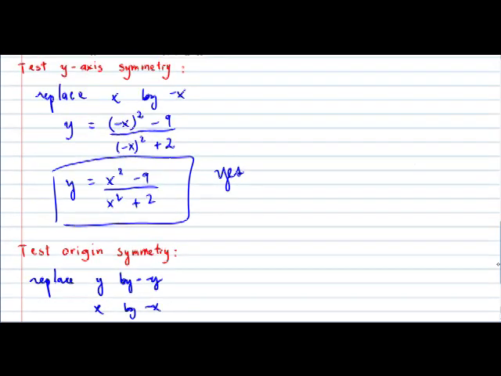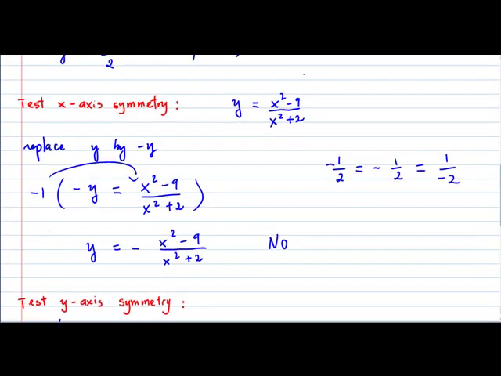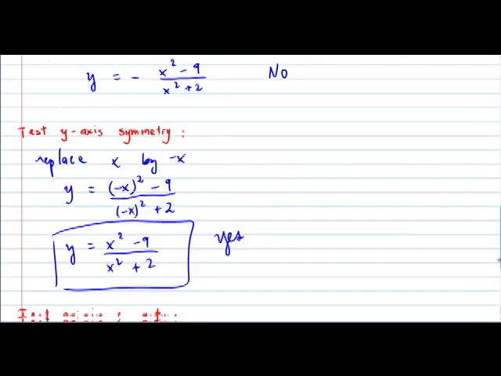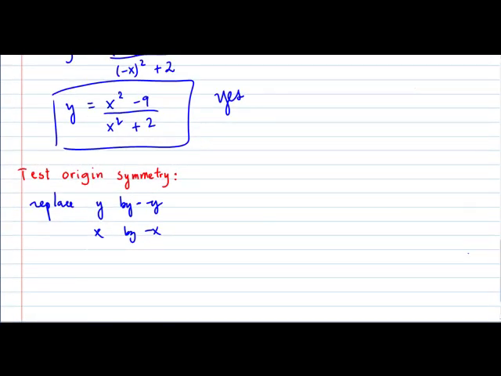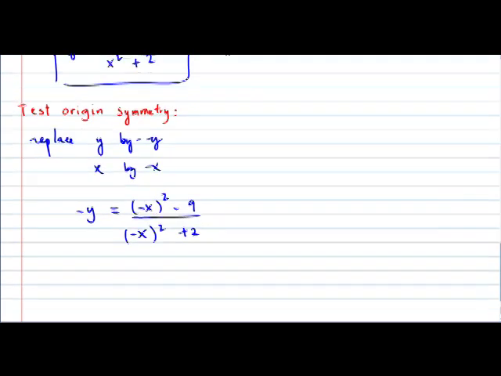So here's our equation that I copied down. Every time you see y, replace it by minus y. Every time you see x, replace it by minus x. Then we simplify.